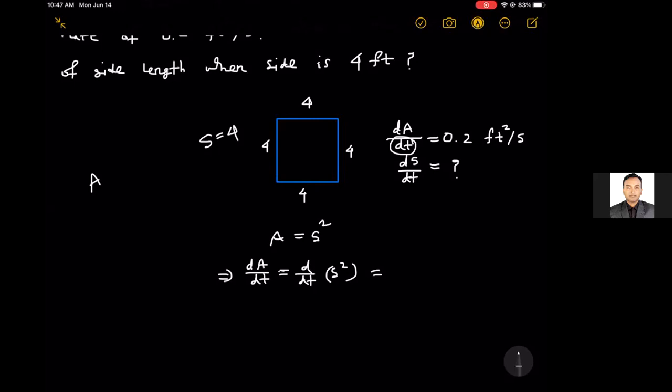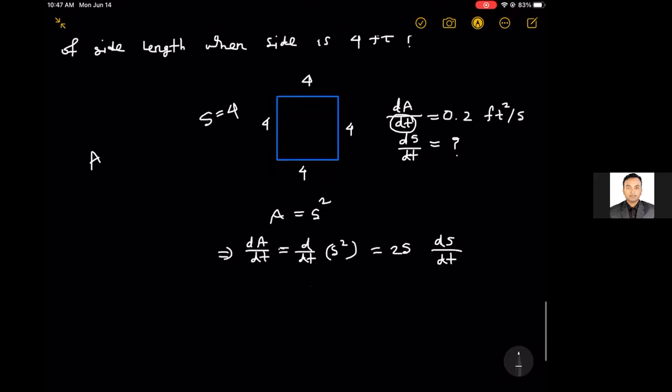Because this is not exactly t, so if I write 2s, we need to write the derivative of s in terms of t. Again, if you're finding the derivative of another variable, you need to have the derivative of that multiplied with that.